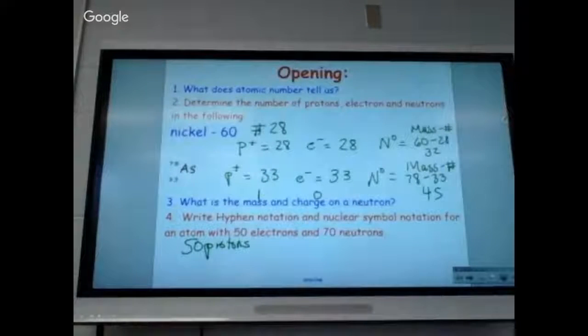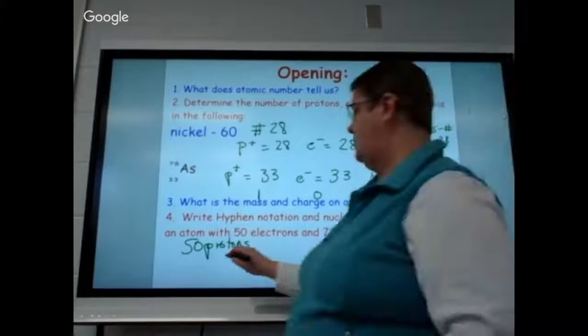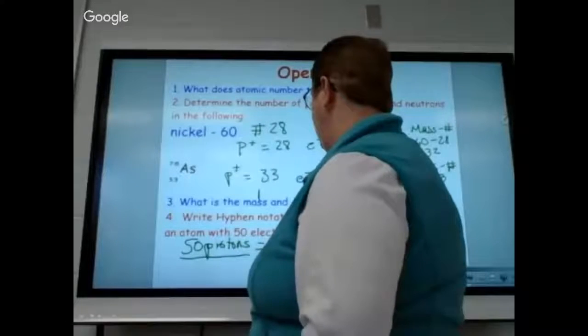Anybody remember what told us the element? Leandra, you remember? What number's at the top? Okay, but I don't have an atomic number yet. Okay, there you go. Because you know we have 50 protons, Leandra knows that's our atomic number.